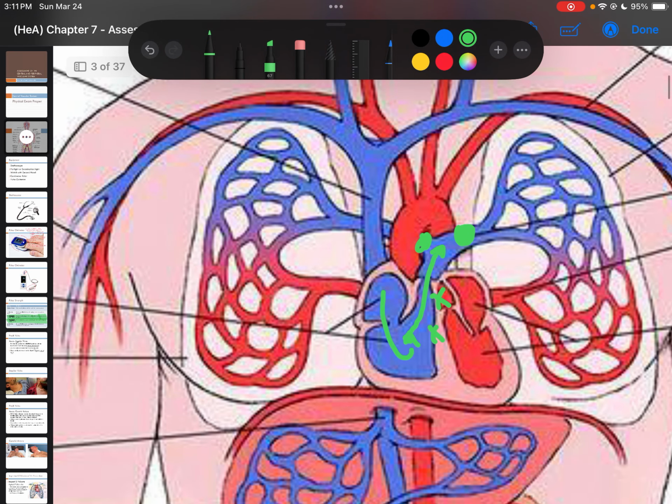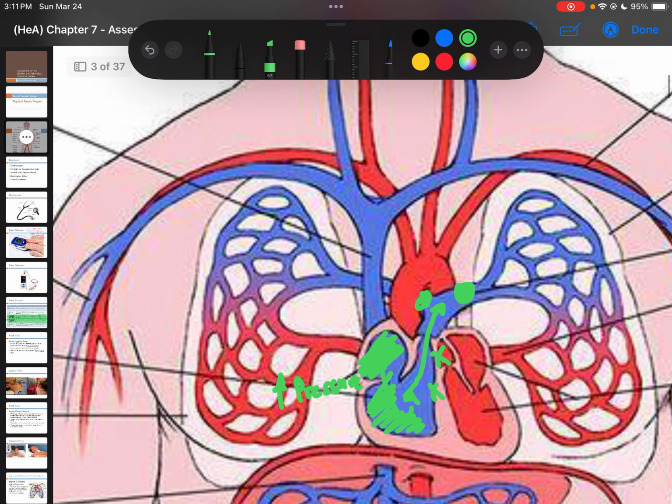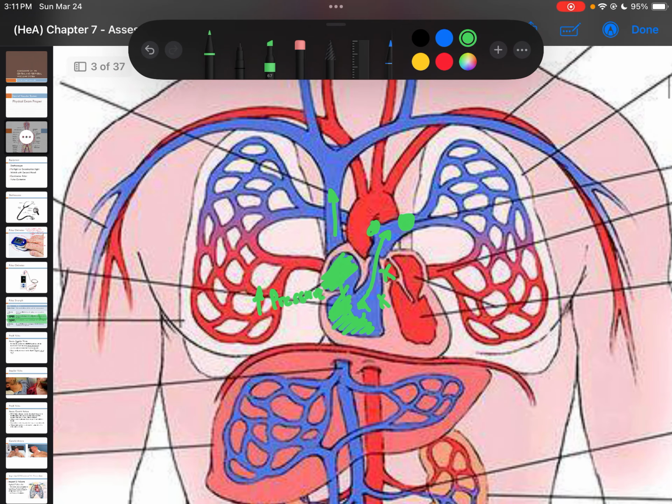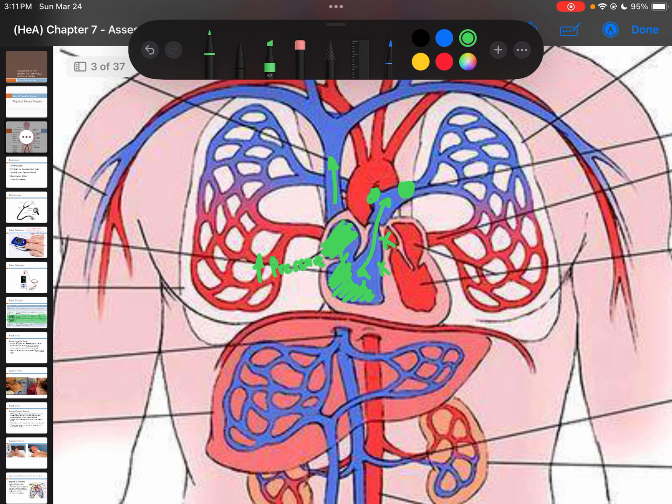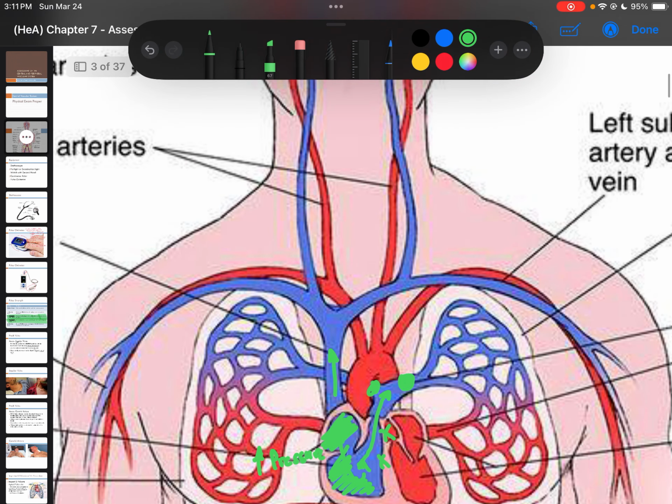Therefore, a lot of blood will stay here, and because there is a lot of blood, there is an increase in pressure. Because there is increased pressure on this side, there will be backflow, going up to your superior vena cava and going down to your inferior vena cava.